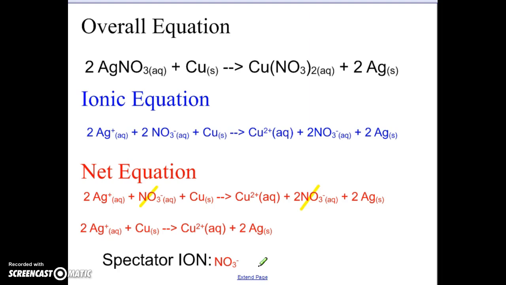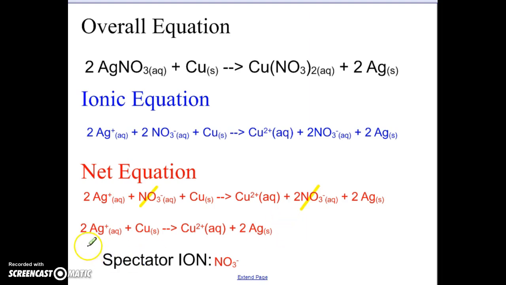Often, not always, in double displacement there are 2 spectator ions, and in single displacement there is only 1 spectator ion. Not always the case, but it's a good thing to help you remember. A couple of other things I want to call attention to. When you finish this equation, you'll notice that not only are the atoms balanced, meaning there are 2 silver on the reactant side and 2 on the product, and 1 copper and 1 copper 2 plus on the product side, but also there's conservation of charge.